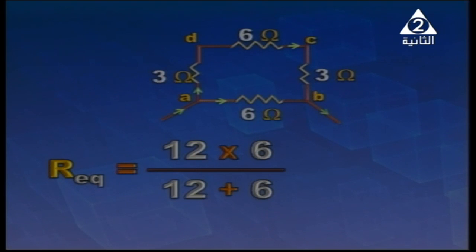Let me remind you: the resistors 3 ohm, 6 ohm and 3 ohm all form just one resistance of 12 ohm connected in parallel to the 6 ohm resistor. So it is 12 times 6 over 12 plus 6, it is 4 ohms. This is if the supply is connected across AB.